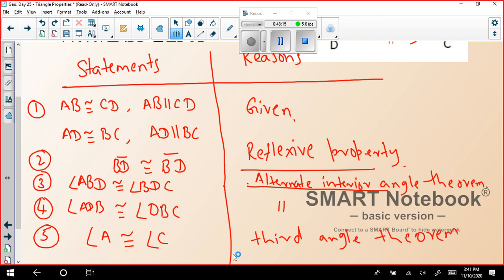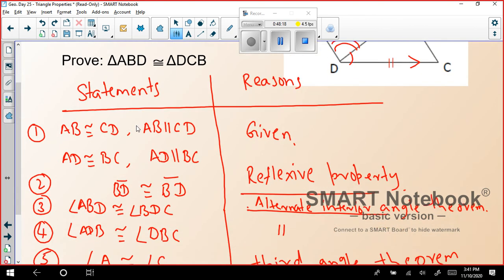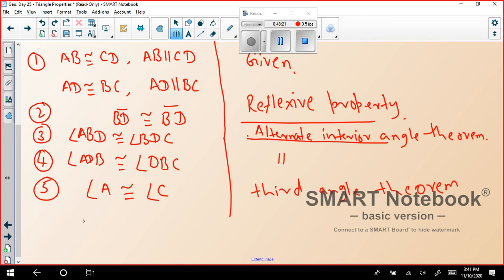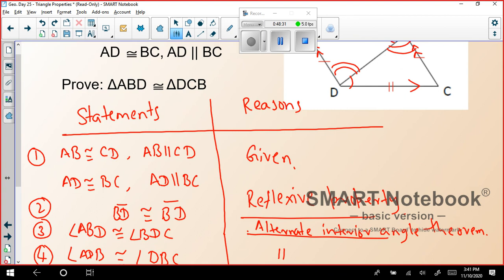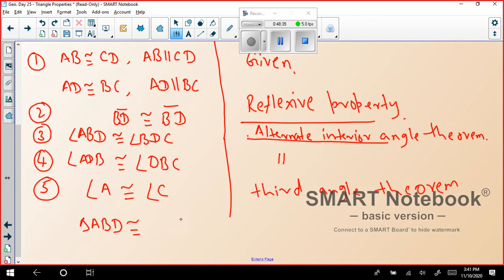And the final step is by definition of congruent triangles: triangle ABD is congruent to triangle DCB.